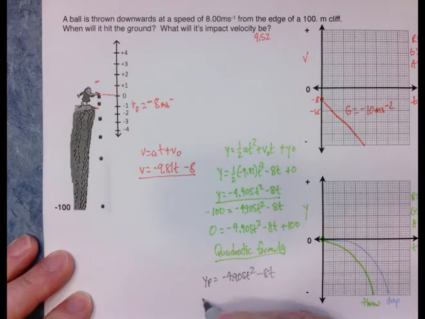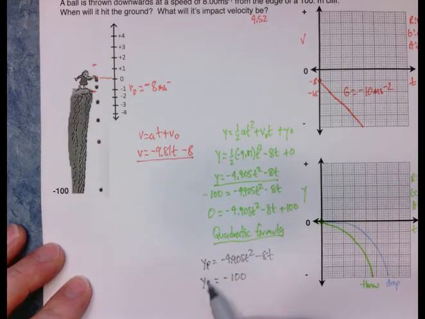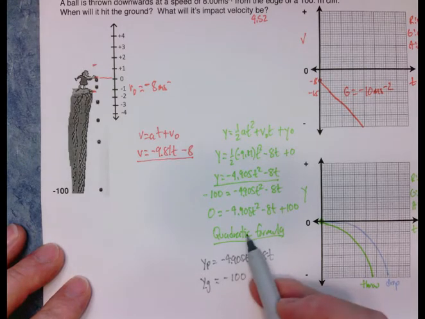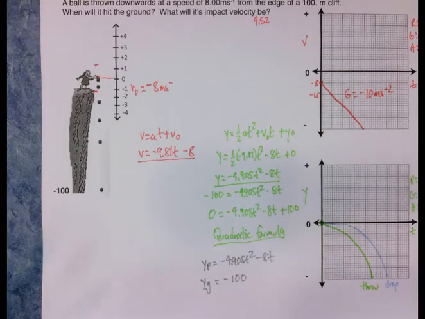But we also have the equation of the ground, which is a static minus 100. Well, we want to know when this equals this. Solving them algebraically, we've already said, involves the quadratic formula, but we can solve these graphically. We can do this on our graphing calculator very, very quickly. And that's what I will demonstrate next, how to solve that on our graphing calculator.